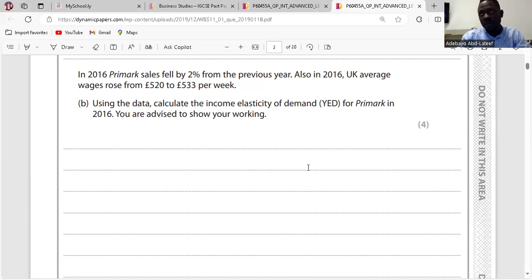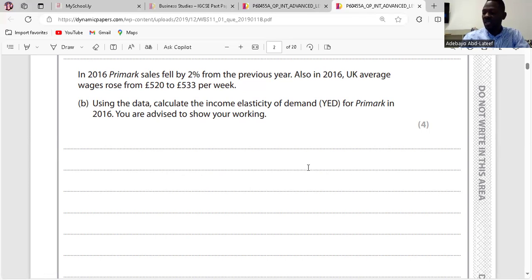Y2 will be 533. So we say YED is Q2 minus Q1 over Q1, divided by Y2 minus Y1 over Y1. So Q2 is 100 minus 2, which is 98, minus 100, divided by 100, divided by Y2, which is 533, minus Y1, 520, over Y1, which is 520. So 98 minus 100 is minus 2 over 100, divided by 533 minus 520 over 520, which is 13 over 520.